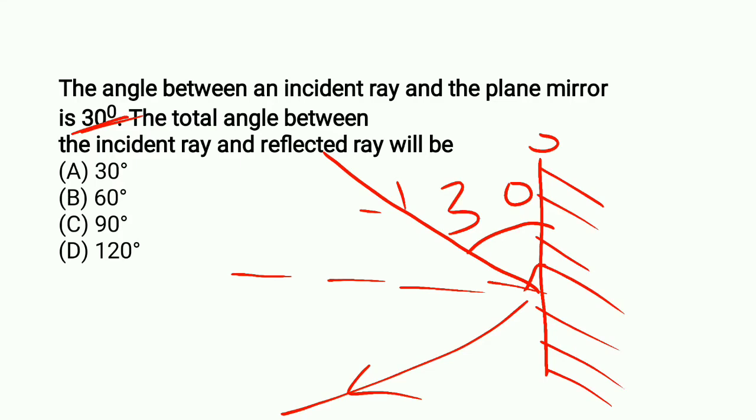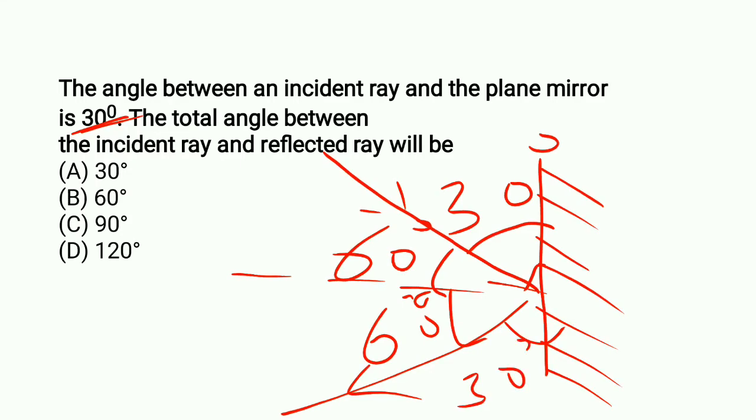As the angle between the plane mirror and the incident ray is 30 degrees, this angle is equal to 60 degrees, right? And as we know from the laws of reflection, the angle of incidence is always equal to the angle of reflection. So here this angle is also 60 degrees, and here this angle is 30 degrees.